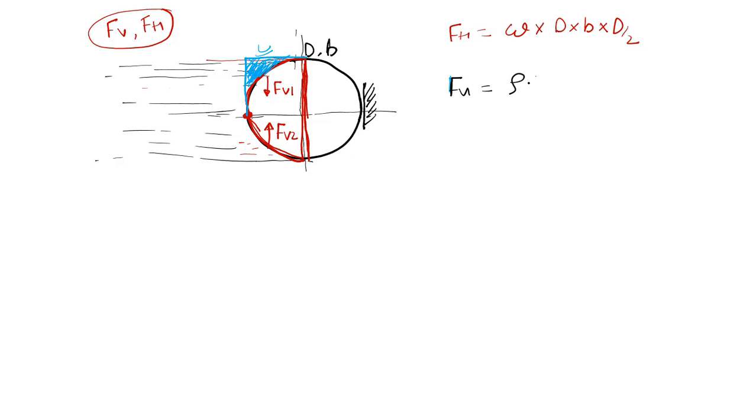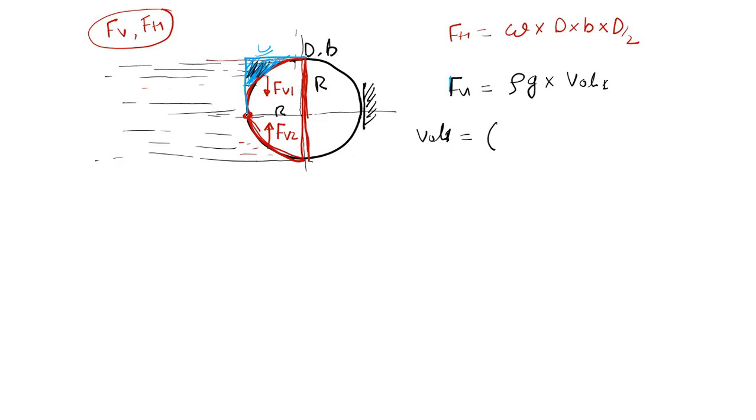Rho g into volume 1. What is volume 1? It is nothing but this area into B. What is this area? Complete square area. Let's suppose the radius is r.